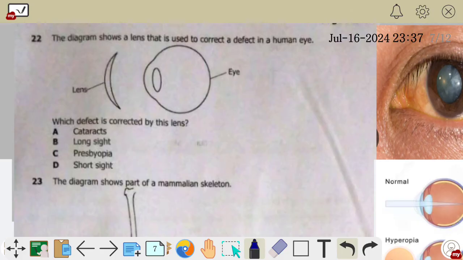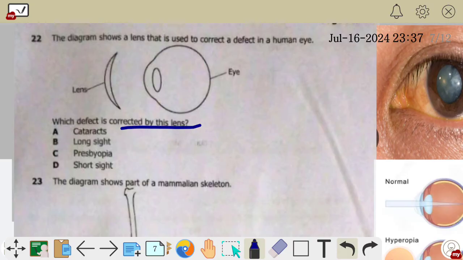Question 22. The diagram shows a lens that is used to correct a defect in the human eye. So we have this lens here, which is used to correct a defect in a human eye. Which defect is corrected by the lens?